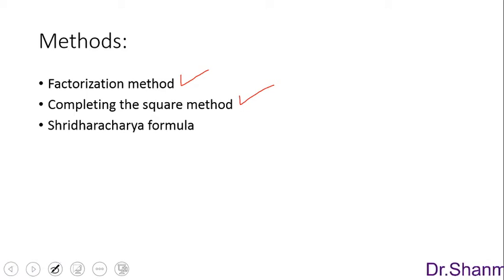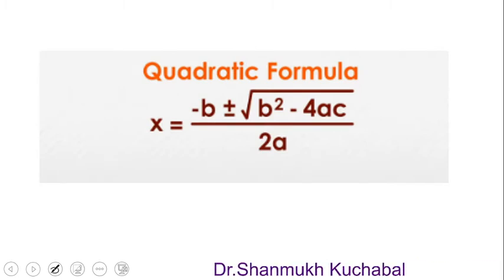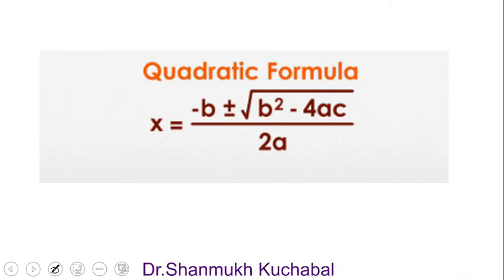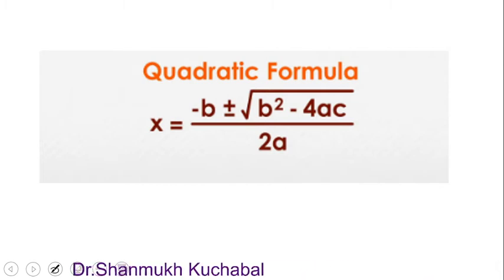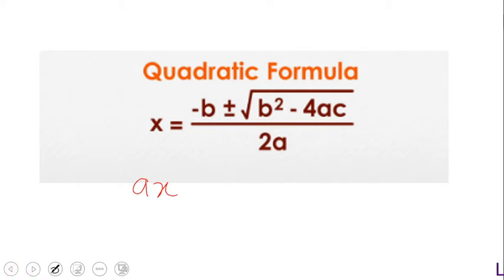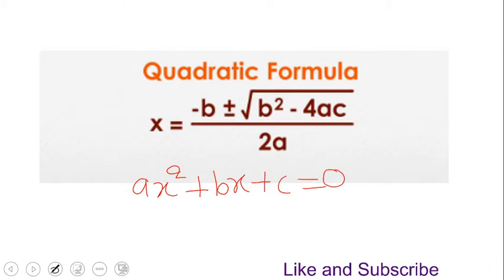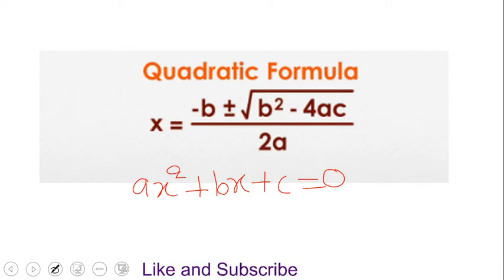Then Sridharacharya formula, or else it is called the quadratic formula. This formula is given by the Indian mathematician Sridharacharya. Any equation in the form of ax square plus bx plus c equal to 0, the solution we can find using the quadratic formula or Sridharacharya formula.